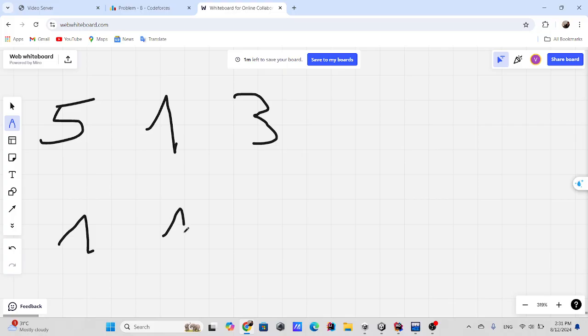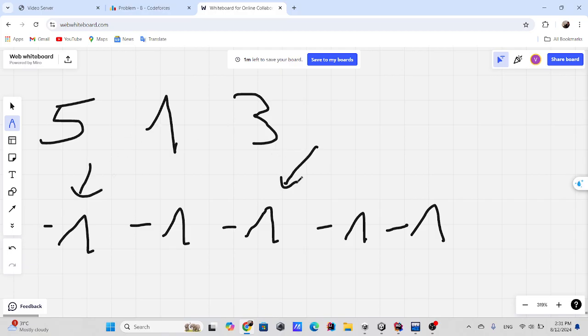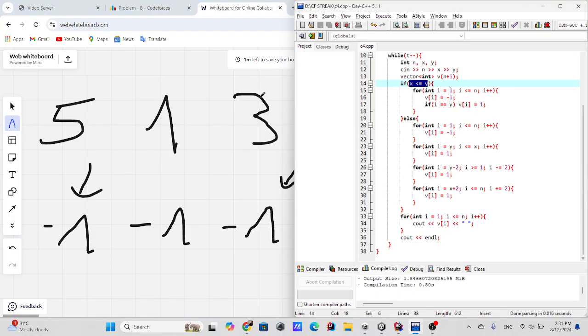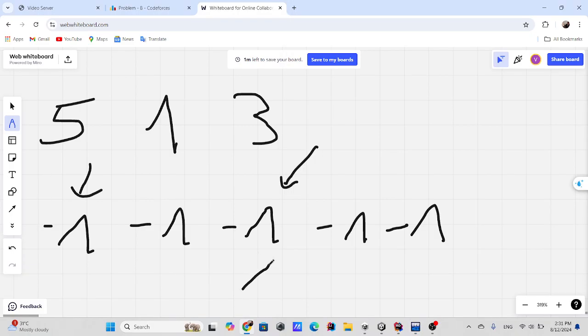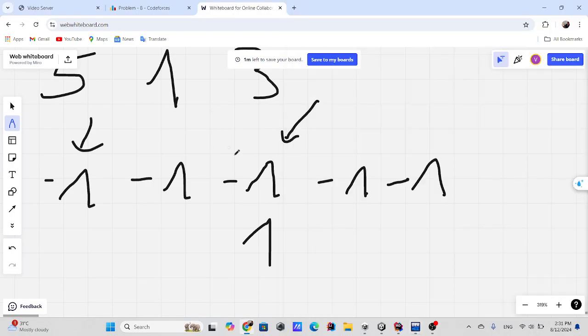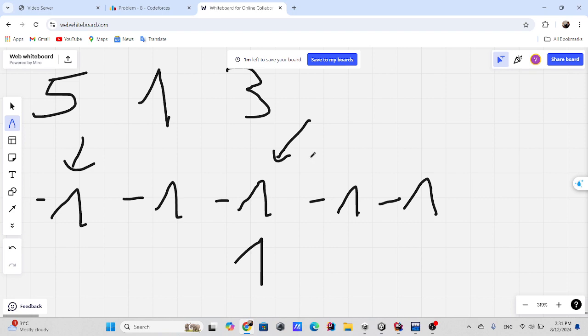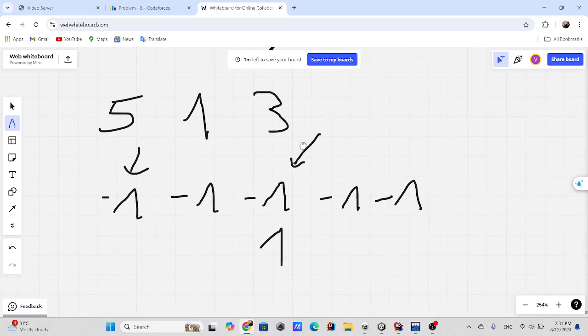For example, in this case, the maximum prefix is here and the maximum suffix is here. So what does that mean? We will find the index 3 and change it into 1. Why? Because as you guys may know, let me think real quick how to explain it in an easier way.